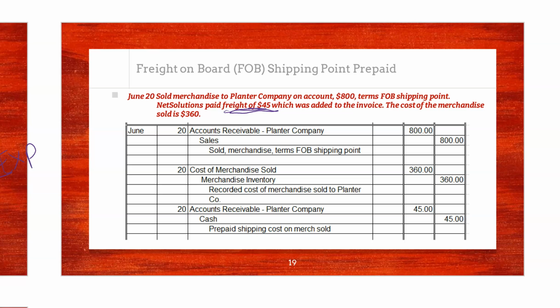That's why we're going to see this as a debit to accounts receivable and a credit to cash. Our receivables went up, but our cash went down because we paid it for them. We've never seen accounts receivable and cash together like that. You have seen a debit to cash and a credit to accounts receivable, but we've never seen it this way. So that's very important to take a moment and think about and look at.